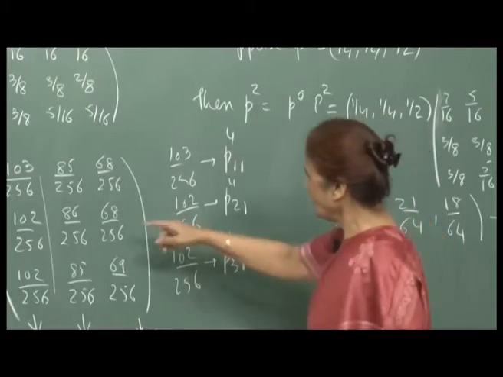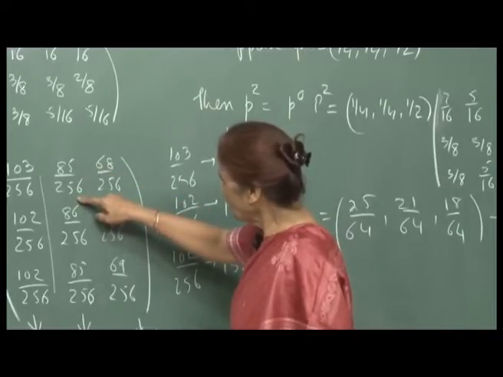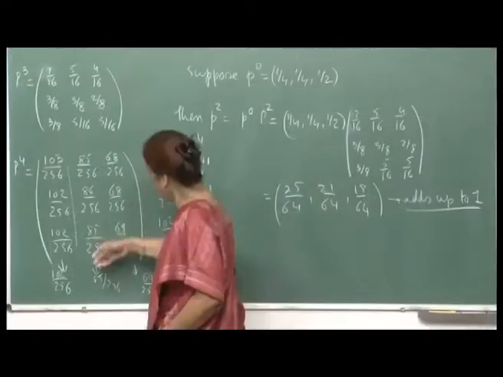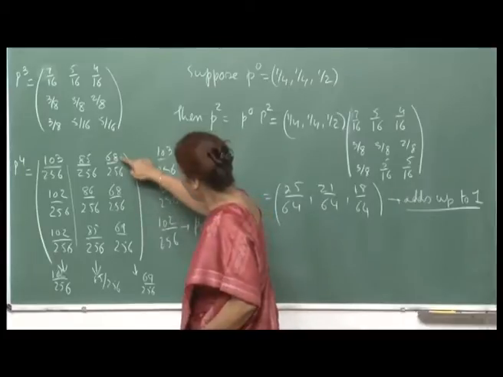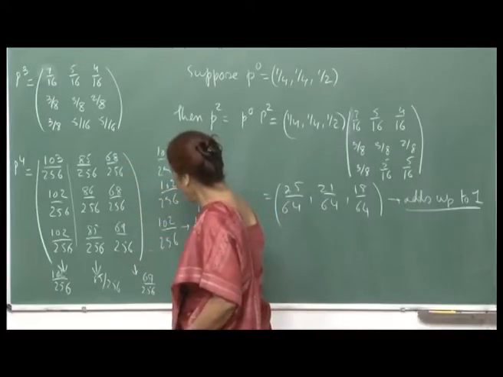Similarly, you can interpret the same thing for the second column, because it is 85 by 256, 86 by 256 and 85. So, these numbers are also getting closer to 85, and here I have written 68 by 256, 68 by 256 and 69 by 256.